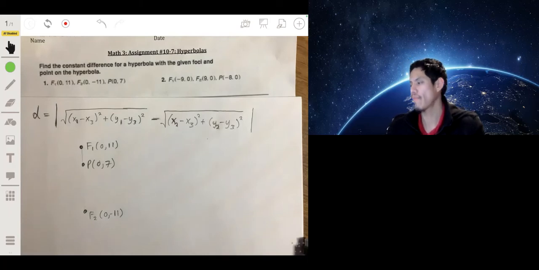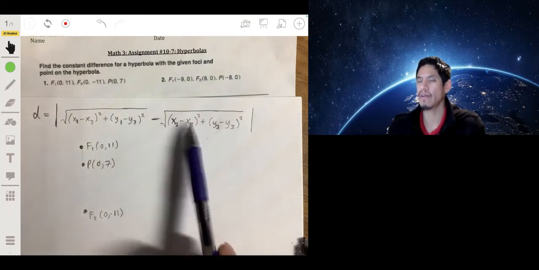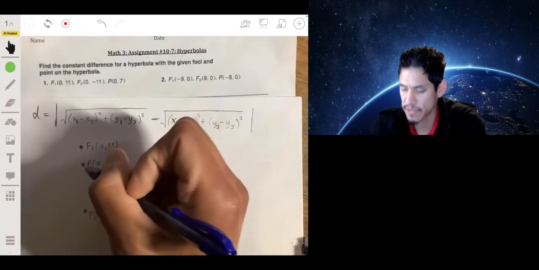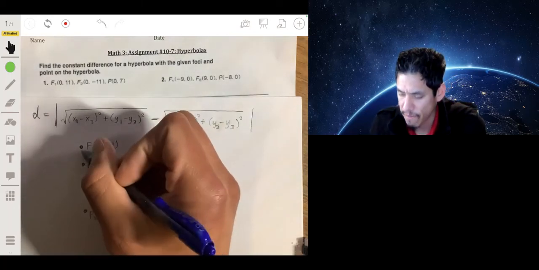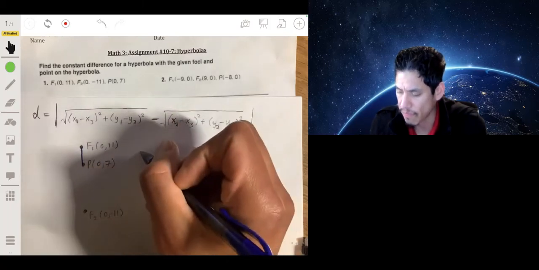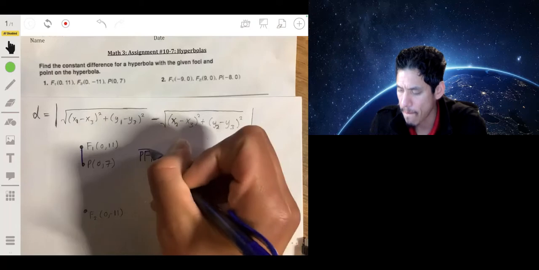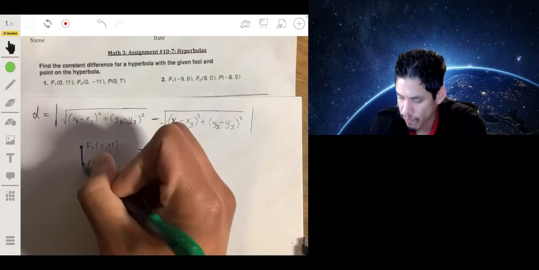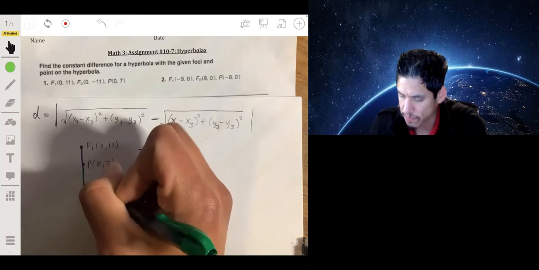So what this is basically calculating is the difference in these two lengths. So we have one length from P to F1, so we have P, F1. And then we have another length from P to F2.